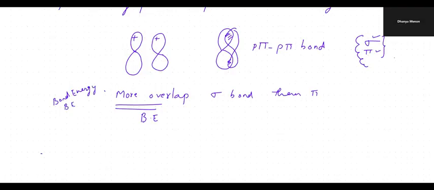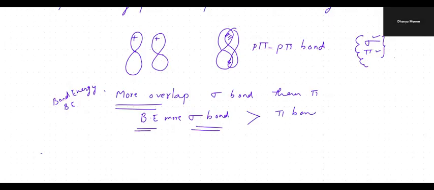If more overlapping, bond energy is more for which type of bond? Sigma bond. So bond energy is more in sigma bond compared to pi bond.